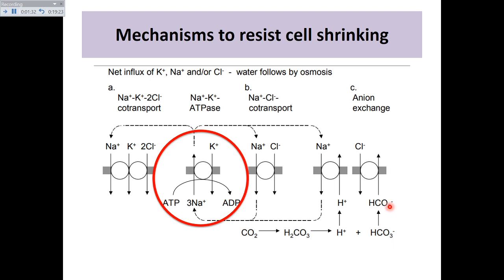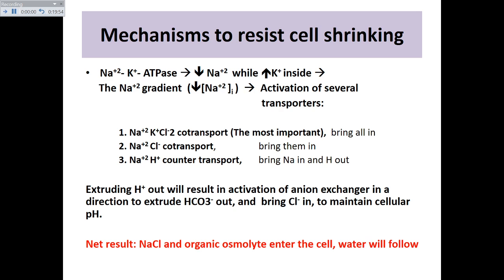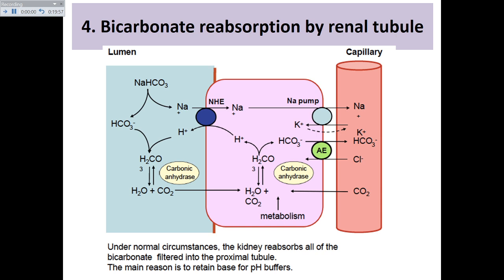Look, this time the anion exchanger works in the opposite direction of that in cellular swelling. When H goes out, the anion exchanger works in this direction: HCO3 goes out and Cl comes in. So Cl comes in, Na and potassium come in, the solute increases and the cell volume increases to prevent further shrinkage. All the transporters are shown here. This is the explanation.